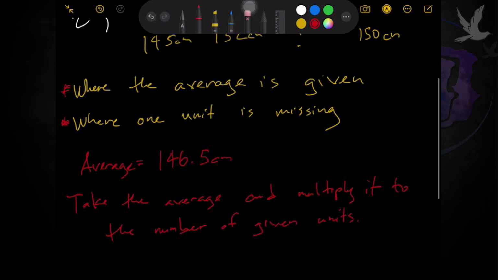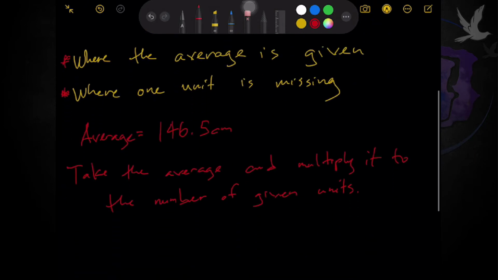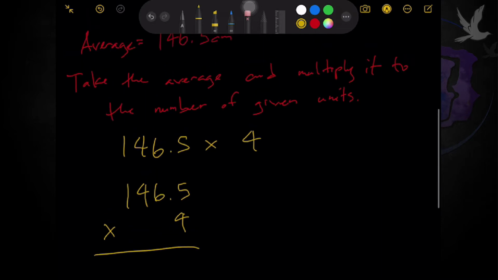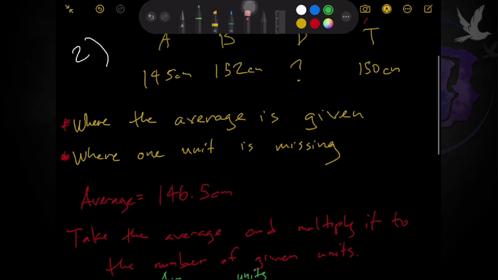So in this case, you have a total of 1, 2, 3, 4. So in other words, take natin yung average natin, 146.5 multiplied to 4. So solving this, 146.5 times 4. So again, ito yung average ninyo. This is your average and this is the number of units. So in this case, you have 4.